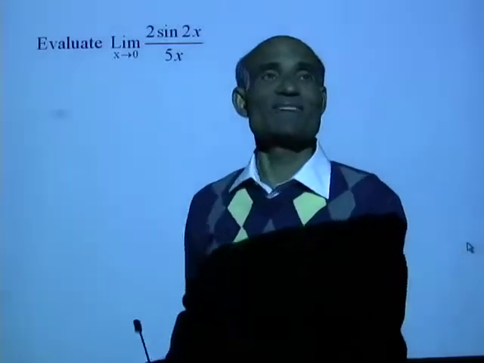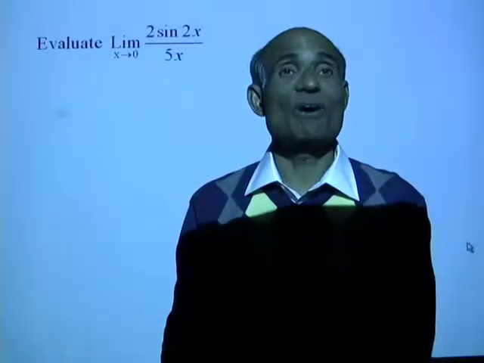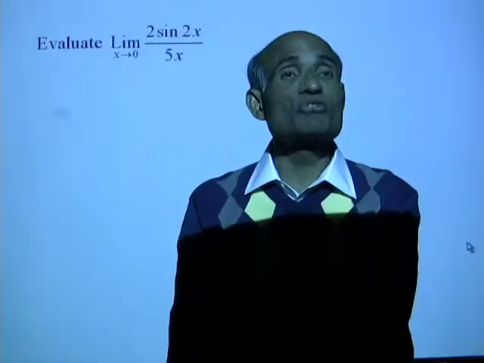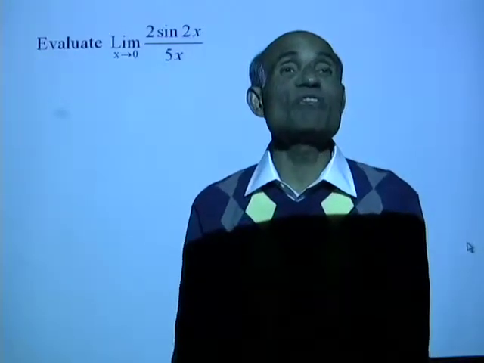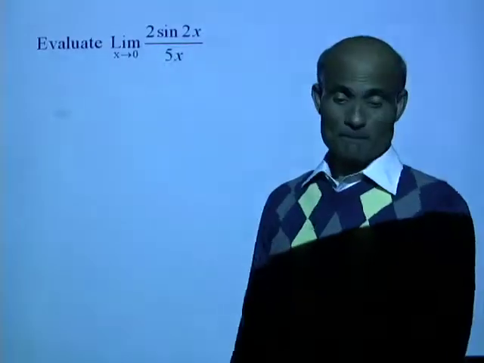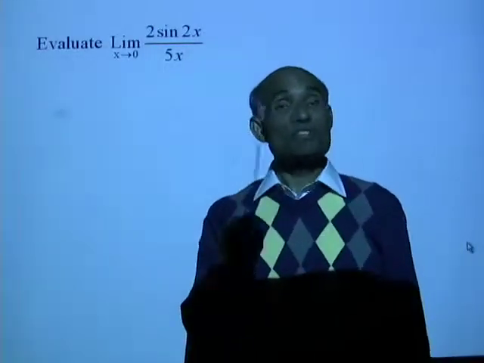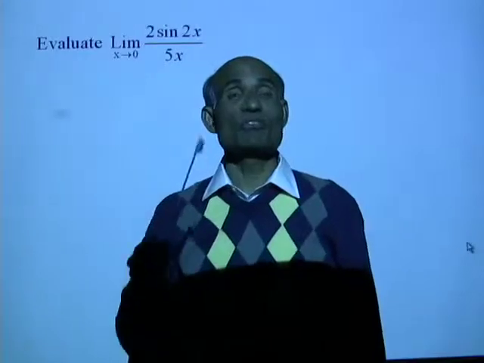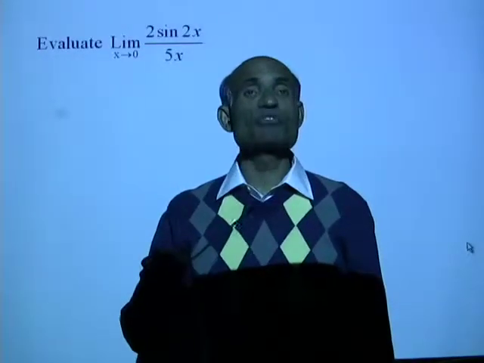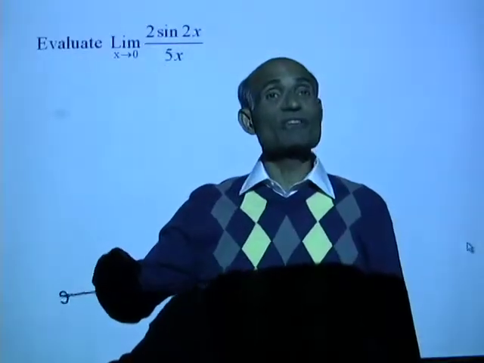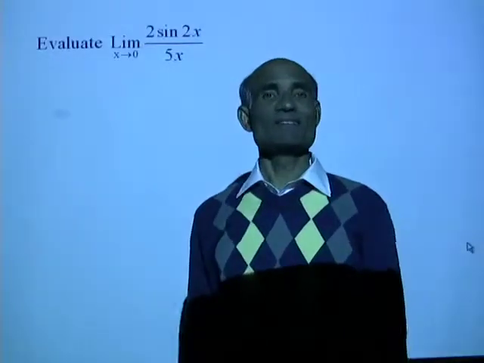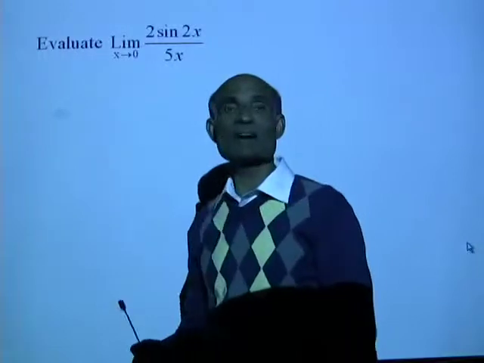How about this? Find the value of limit x approaches 0 of sine 2x over 5x. Now remember, we just did a result. We said limit x approaches 0, sine of ax over ax equal to 1. Now can you use that over here?